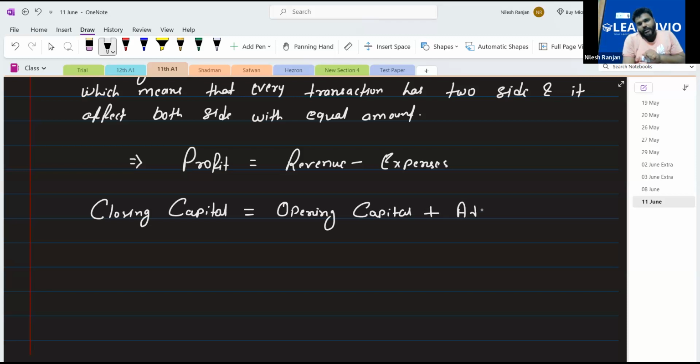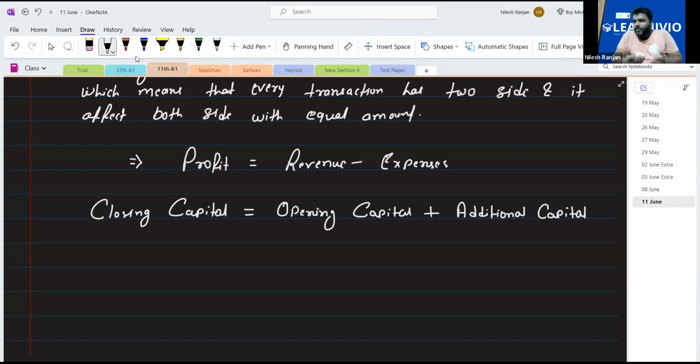Sir, can you tell me what is closing capital and opening capital? Capital at the beginning of the year is opening capital.